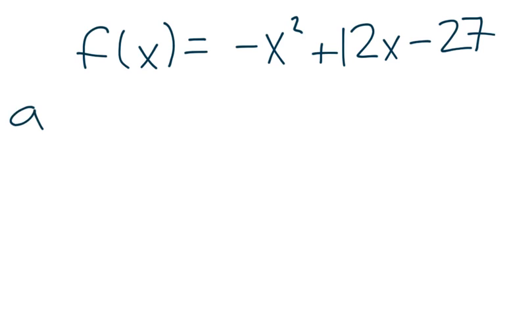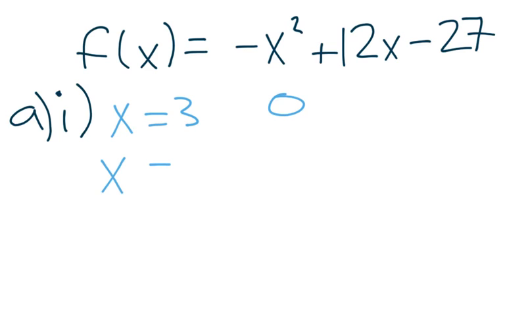So for part A, the first value in the table, x is equal to 3, and they actually gave us that to be 0. And they gave us 4 and 5 also, so then the next value that we need to figure out is x equal to 5.